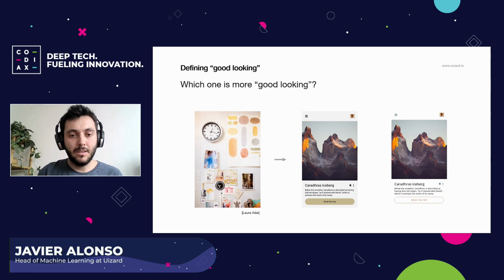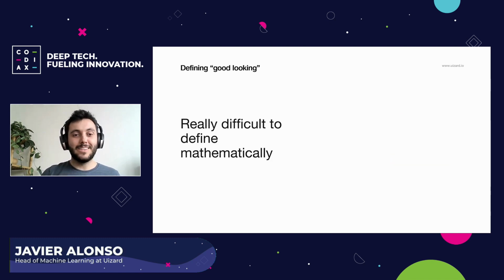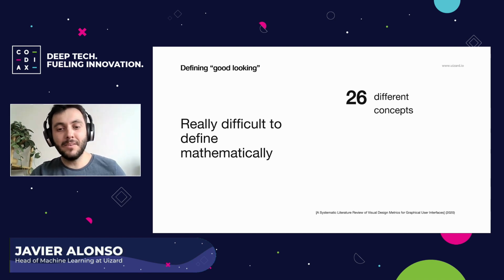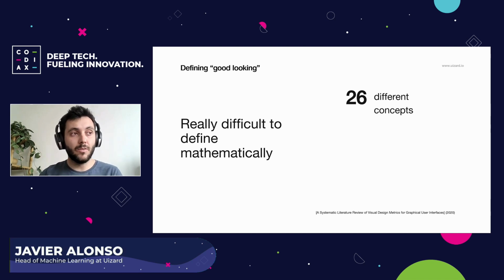It's quite complex, right? So we said, okay, let's do some literature review and read a bunch of papers about this topic. I bet that people have been studying this. So let's take a look. And surprisingly, it turned out that it's really difficult to define mathematically. To exemplify this, we found this survey paper where they go through different design metrics for user interfaces in particular.